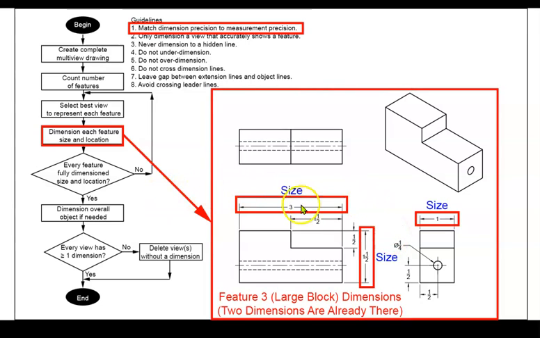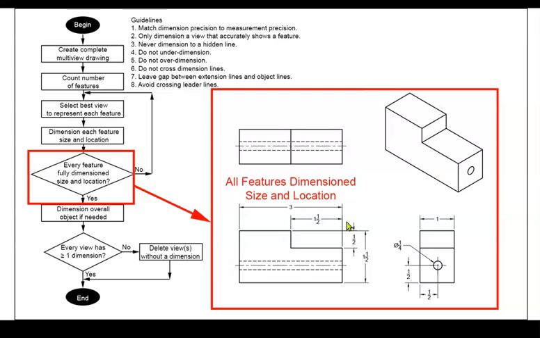The overall width had already been dimensioned when we dimensioned the depth of the hole, and the overall depth of the block was dimensioned when we dimensioned the notch. So we just need to add this one more thing. There's no location dimension since we're dimensioning the overall size of the object. So there we go. Now, has every feature been dimensioned? Yeah, sure has.